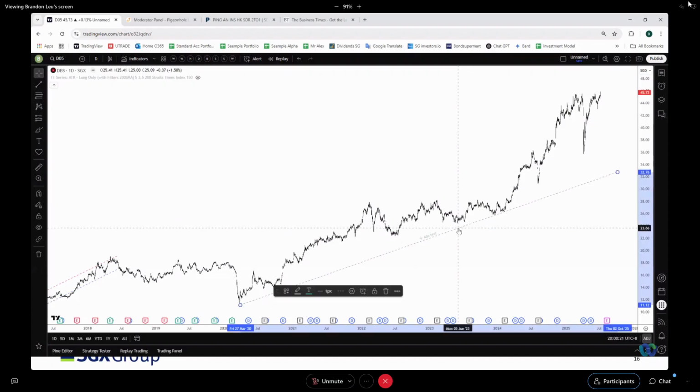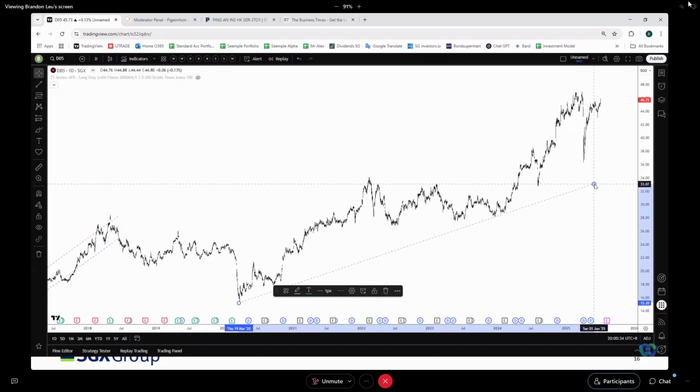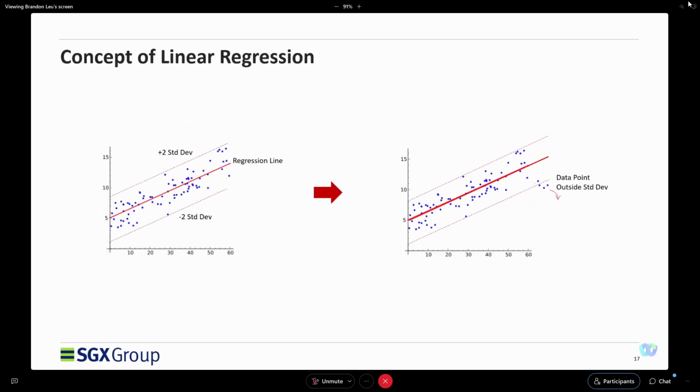The slope angle is actually higher, which allows us to execute a trend trading strategy better compared to the unadjusted chart where the slope is actually lower. So with that, we'll have a better probability of executing the strategy, a higher success rate.